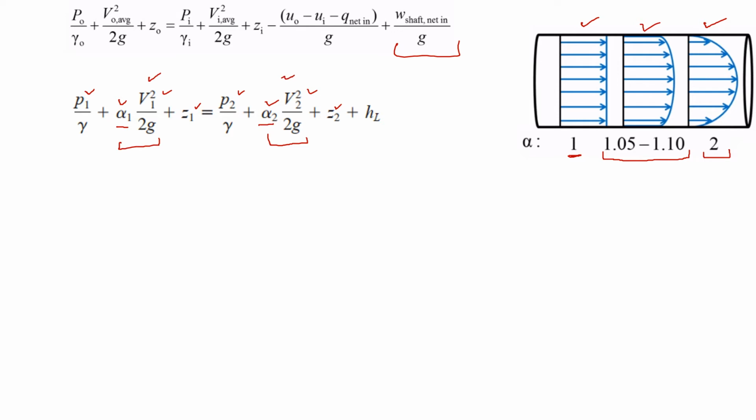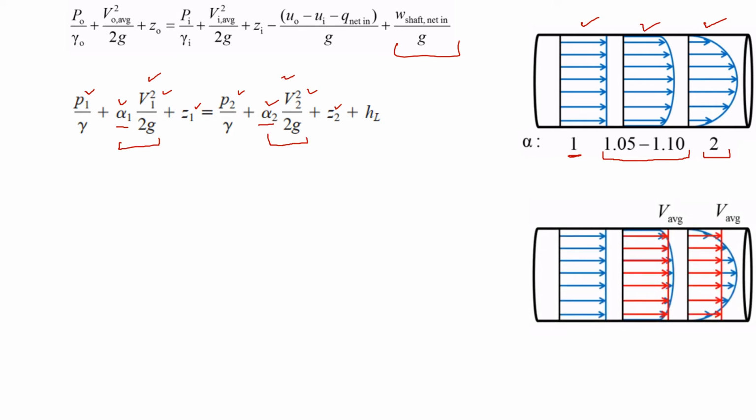But since this is what we assumed, as you can see in this equation, we write the average subscript with the kinetic energy terms, because we assume that our velocity profile is the average of whatever velocity profile is being developed.